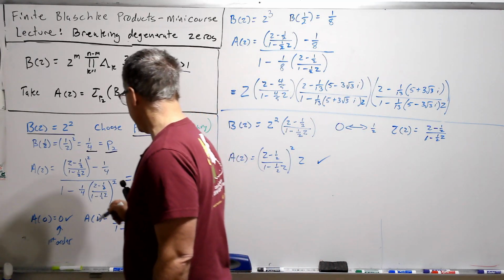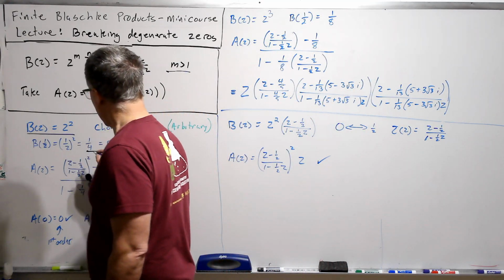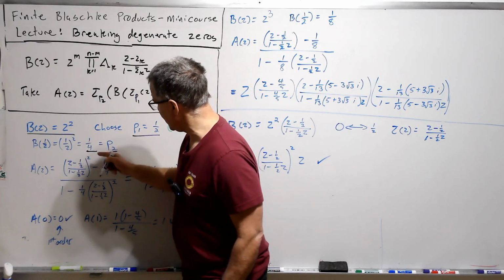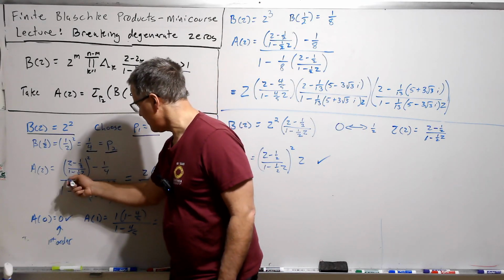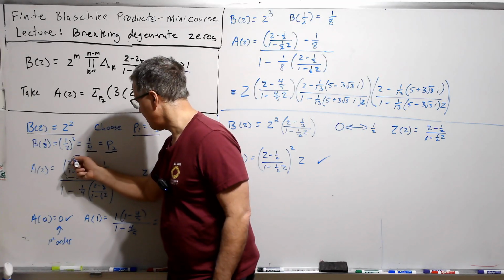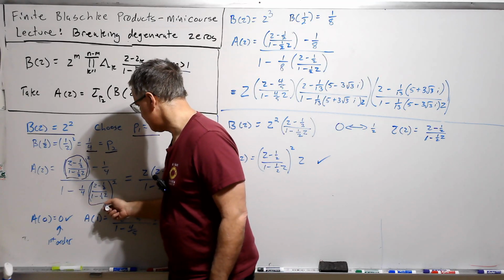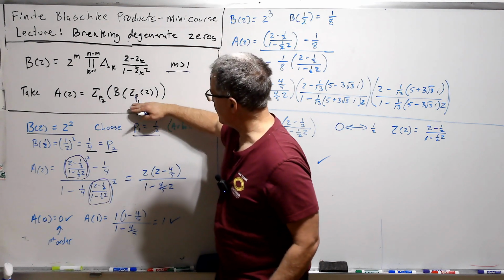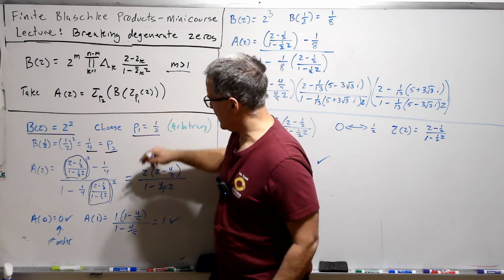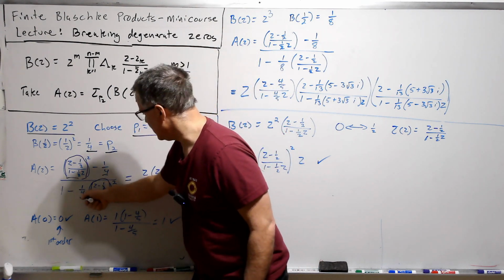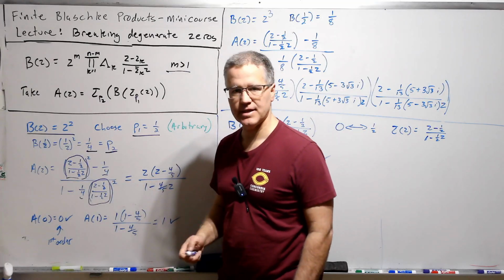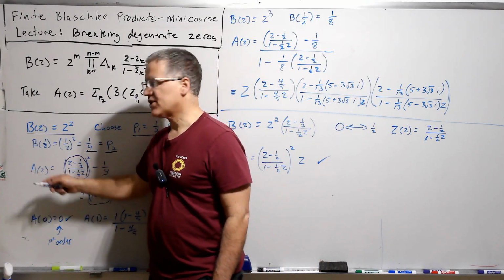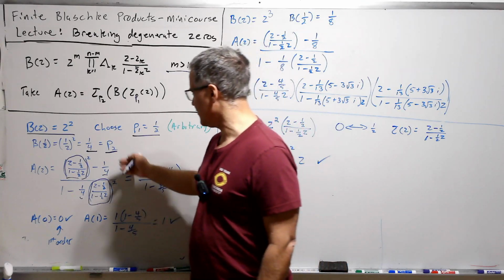Then we will go ahead and plug this in. So here and here, right, is this part. And then here we're seeing that second point come in. And so our new Blaschke product A is written this way.